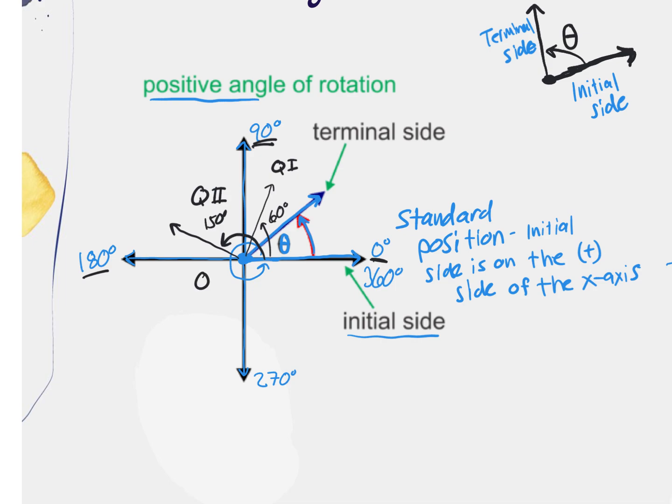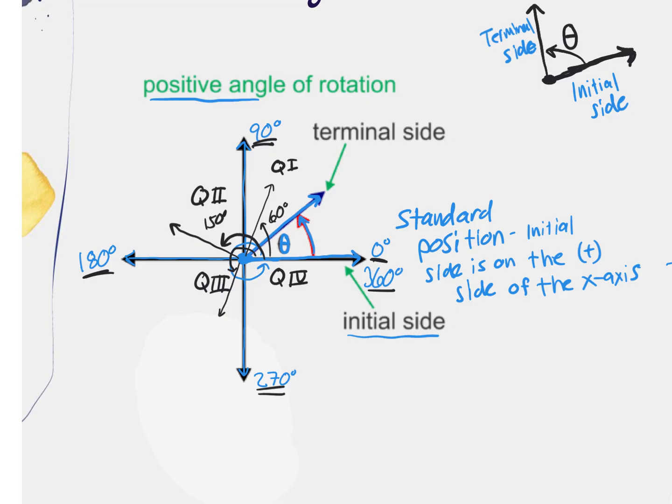And then notice in the third quadrant, that's 180 and 270. So any angle, let's just say, for example, 200 degrees, is going to end up in the third quadrant. And then between 270 and 360 is the fourth quadrant. So for example, 310 degrees would be in the fourth quadrant.